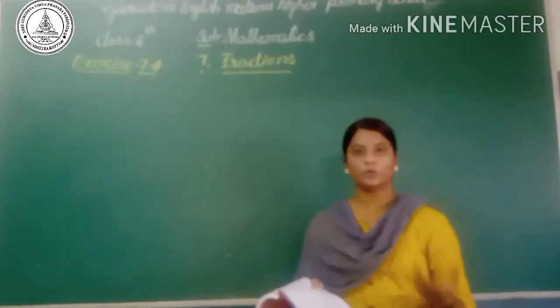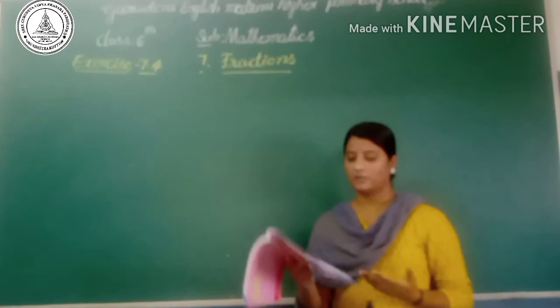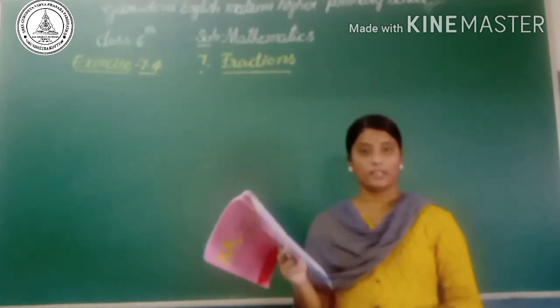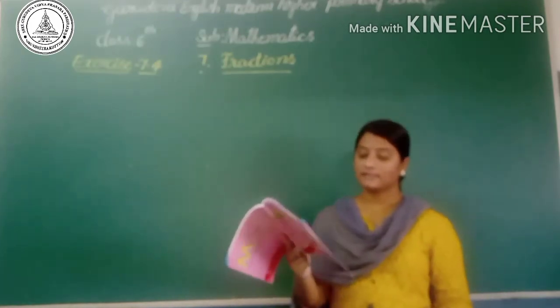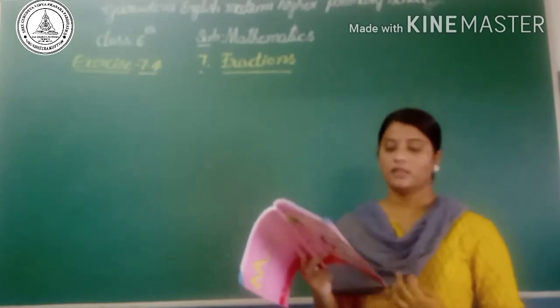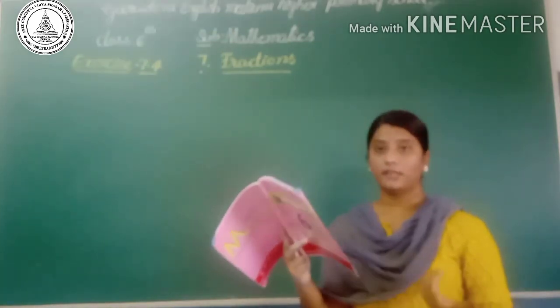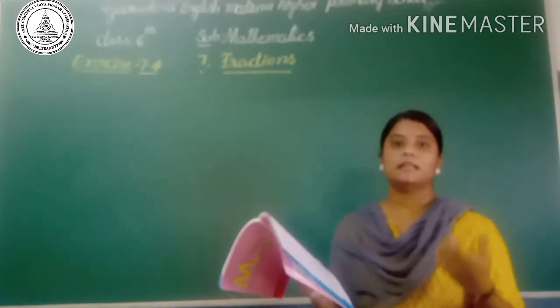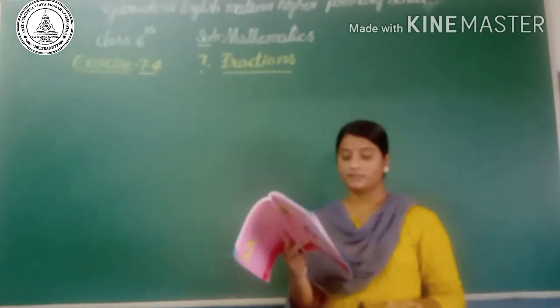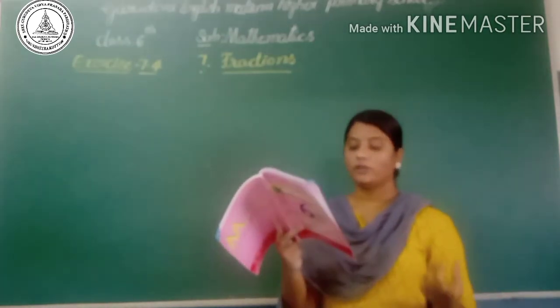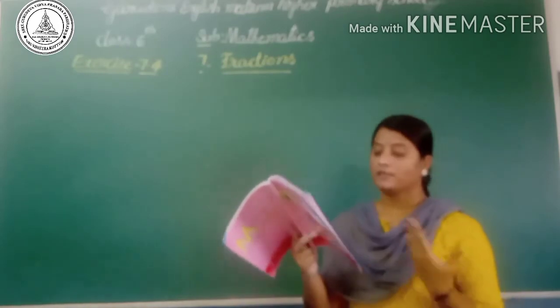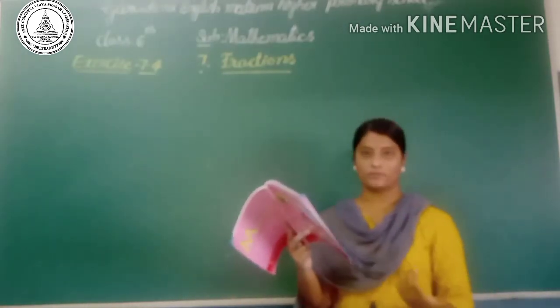So here there are two classes, class A and class B. In one class there are 25 students. In the other class there are 30 students. In class A, 20 students passed with 60% or more marks, and in class B, 24 students passed with 60% or more marks.